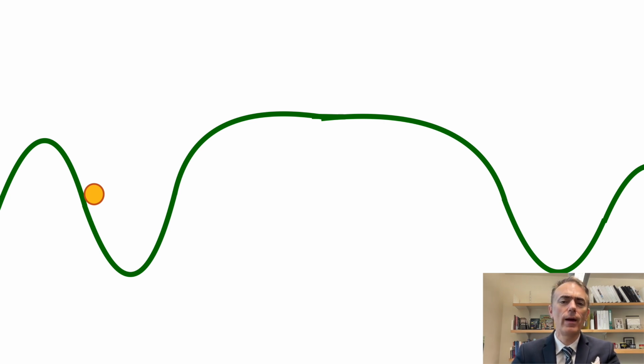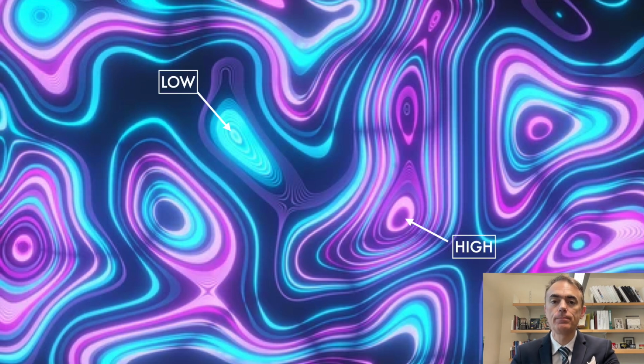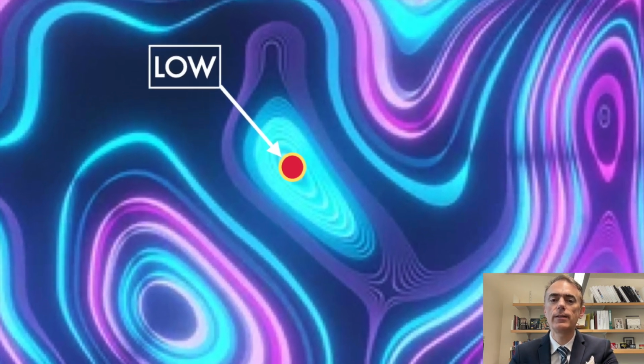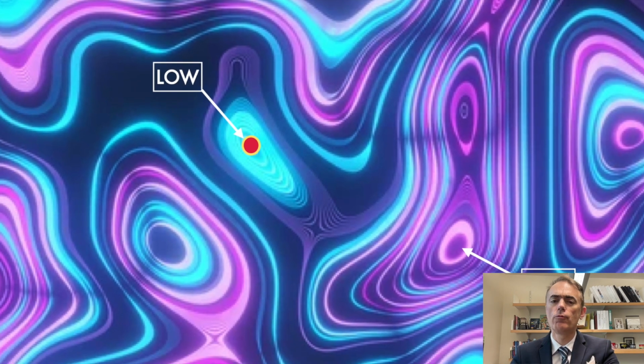We can draw the heights of the green on a map, and we can join all the neighboring points that have the same height, like this. This way we have lines that correspond to the same height. If the ball is placed, for example, at this spot here that is a minimum, surrounded by higher heights, the ball will not move.